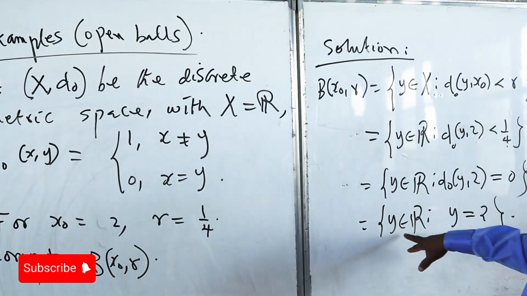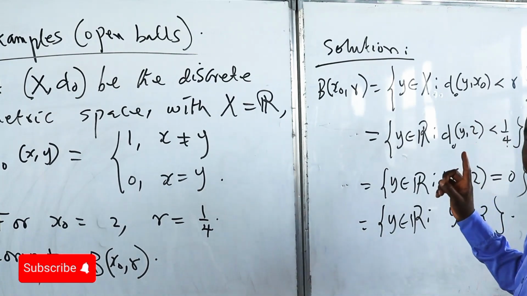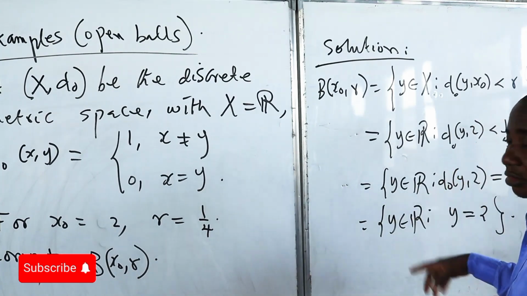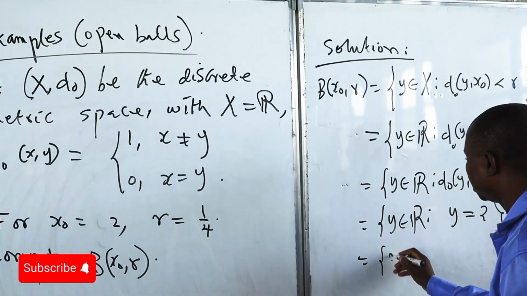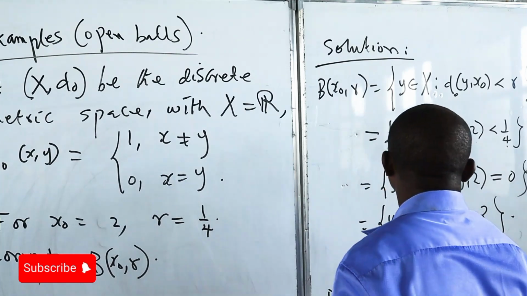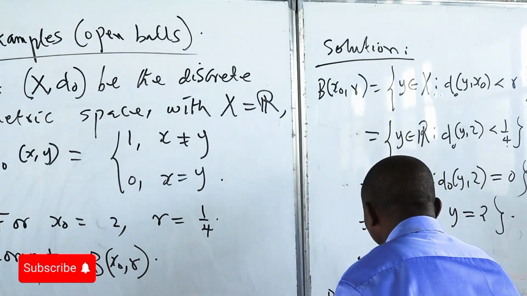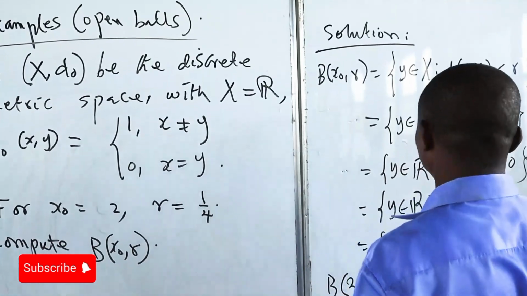But then, this is nothing but a singleton set, because there is no other real number that is 2 apart from 2 itself. So this set is nothing but the singleton {2}. And therefore, the open ball with center 2 and radius 1/4 is exactly the singleton set {2}.